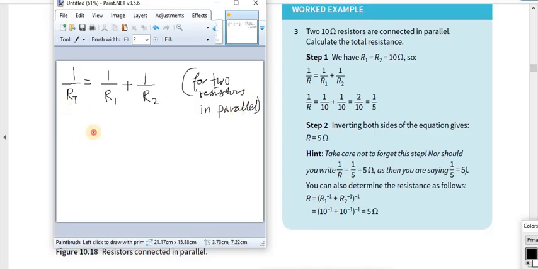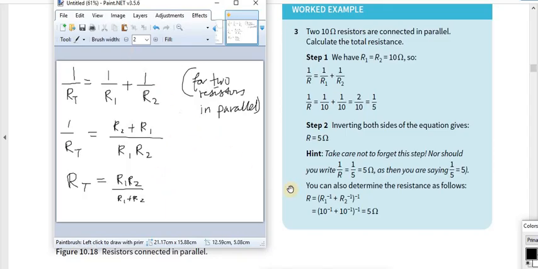Okay, so now we have to find the LCM, that is R1 R2, and then this will be R2 plus R1, and this is 1 over RT. So then RT is the reciprocal of this, so we have to invert the second fraction. That will be R1 R2 divided by R1 plus R2.